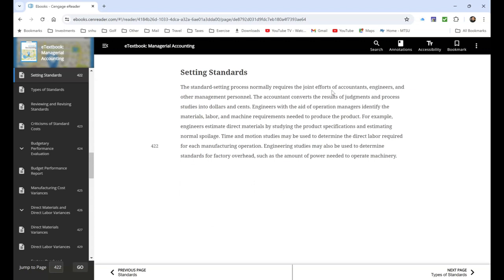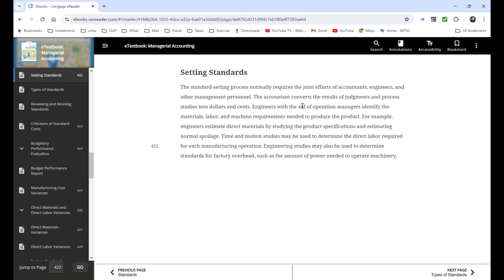So again, a joint effort. You have accountants, engineers, management personnel. You have purchasing managers, and they go out in the market and source materials, and they have a pretty good idea of what it costs for tires and what it costs for batteries, what it costs for steel, all of these.